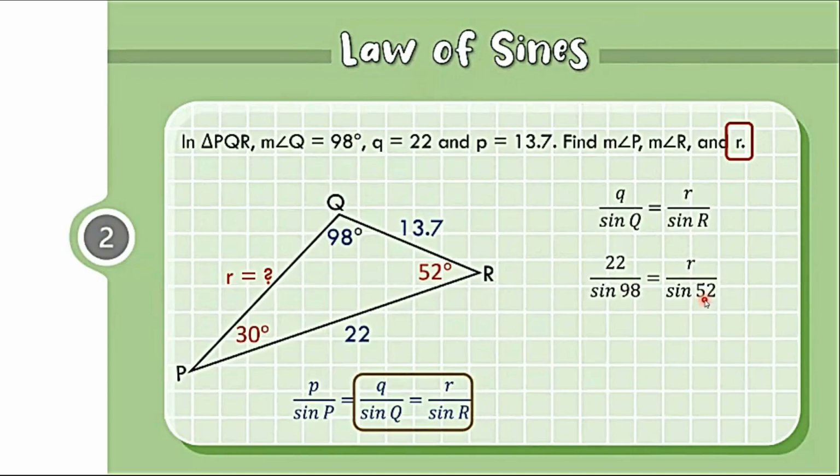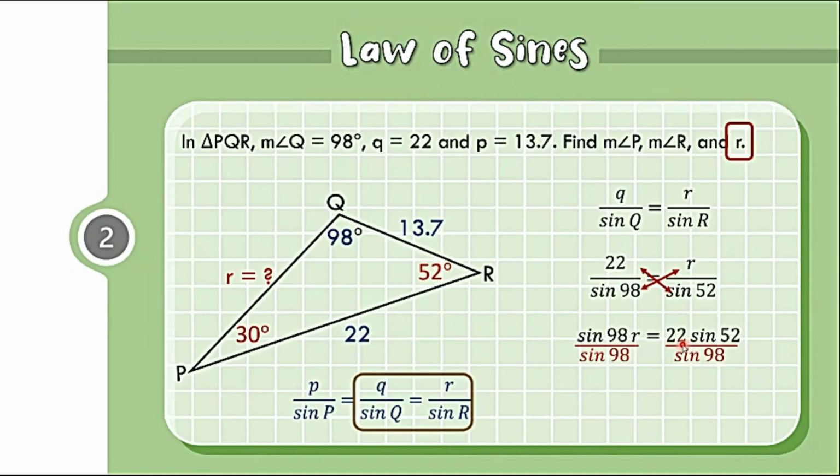Cross multiply: sine 98 times r and sine 52 times 22, so sine 98 times r is equal to 22 sine 52. Again, we are asked to find the length of side R, so let us divide both sides by sine 98. Using your scientific calculator, let us now compute the length of side R to the nearest hundredths.